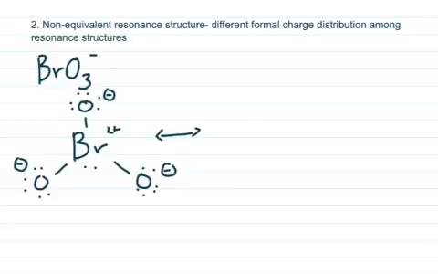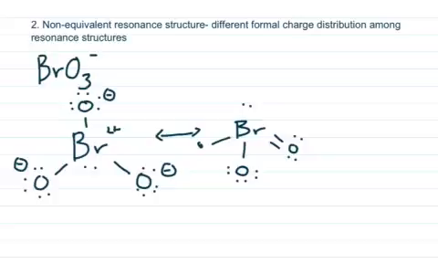Now for the next figure, let's add a double bond. So let's add it onto this oxygen. So now bromine has a +1 charge, and we have 2 oxygens with a negative charge. Now let's add one more double bond.